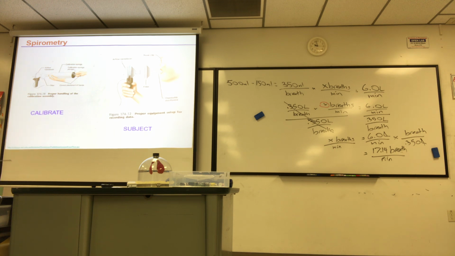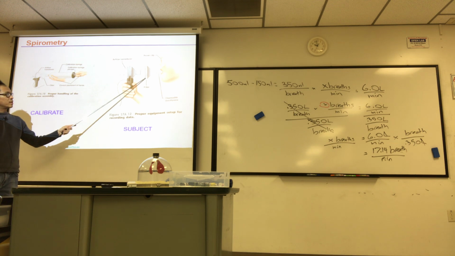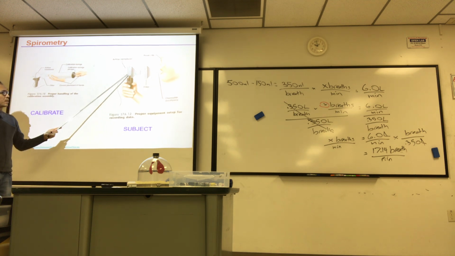You're trying to tell the machine this is an approximate breath, but if it's wrong, then it's going to mess it up for your subject. So that's one thing. And look at what we do. We put a sterile filter, one-time use, in between you and this permanent piece of equipment.